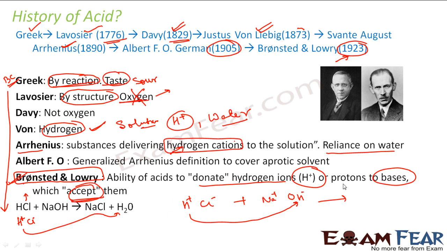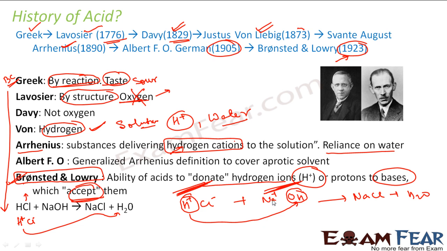This becomes NaCl because Na and Cl were left, so they combine, and H2O because OH plus H becomes H2O. So in this reaction, this hydrogen ion was given to OH of NaOH. So HCl is an acid here, because HCl gave a hydrogen ion to this base.